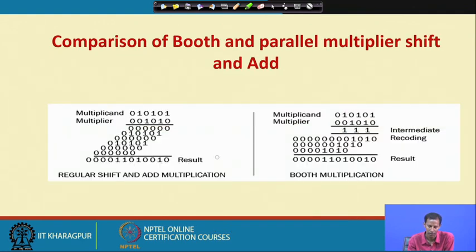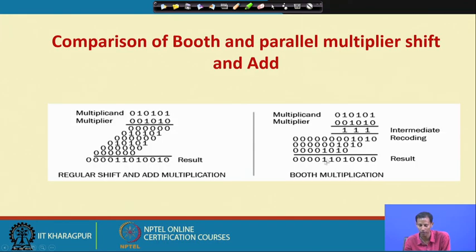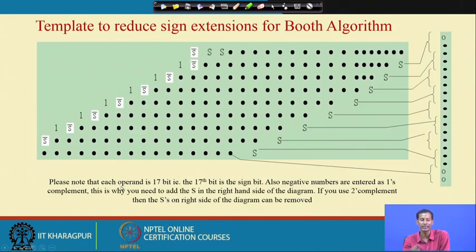So, this is regular shift, and this is Booth's multiplication. Can I do that? Yes, I can do that. I can reduce the sign extension for Booth's algorithm using this template. So, what type of template? We will see that.